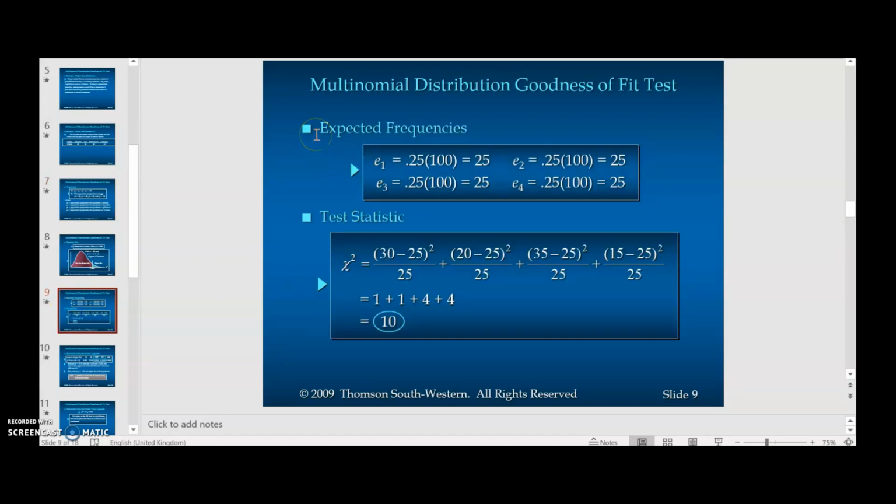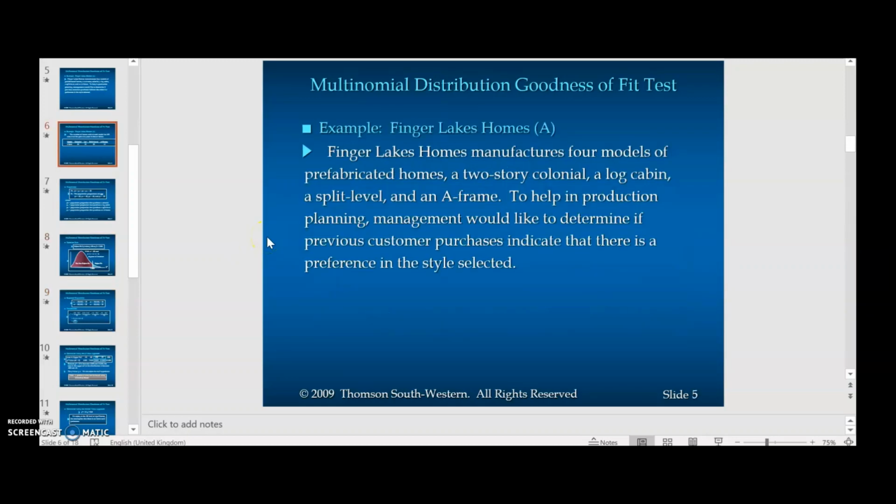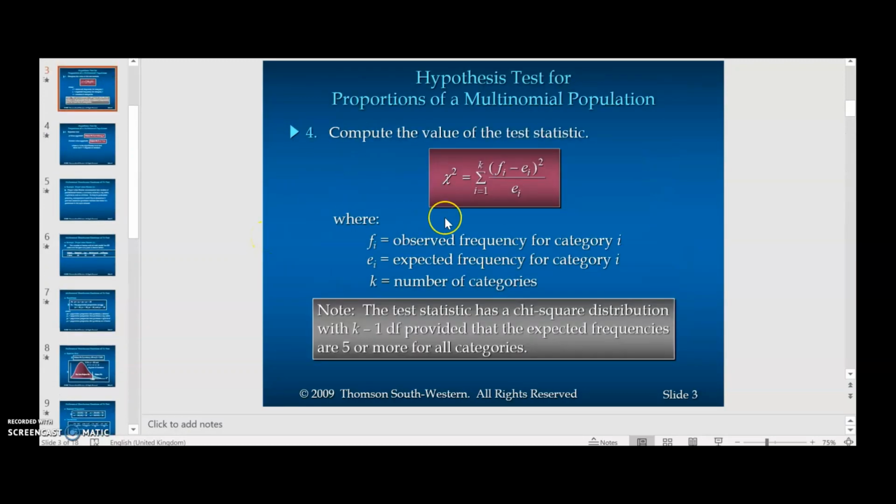After we have found the expected frequency, the next step is to identify the test statistic. The test statistic is obtained based on this formula, and this step is actually derived from this simplified formula over here.